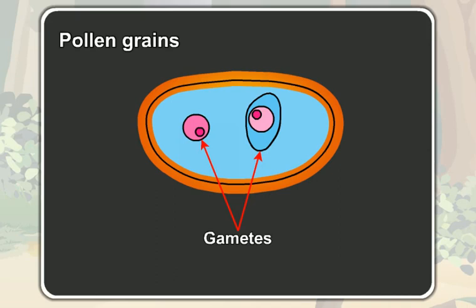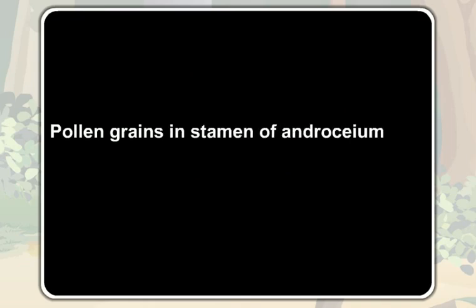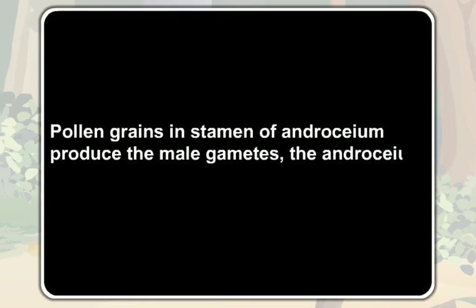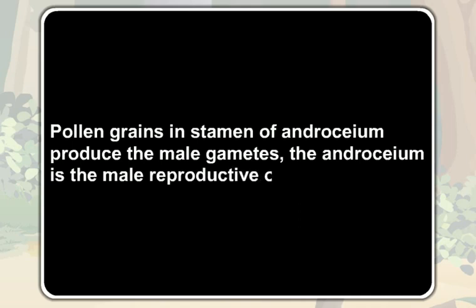Reproductive cells inside the pollen grains are the male gametes. As pollen grains in the stamen of the androecium produce the male gametes, the androecium is the male reproductive organ of the flower.